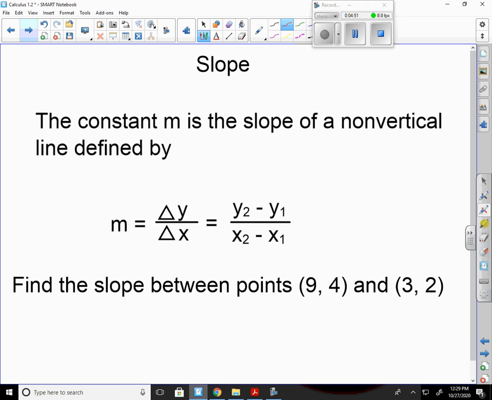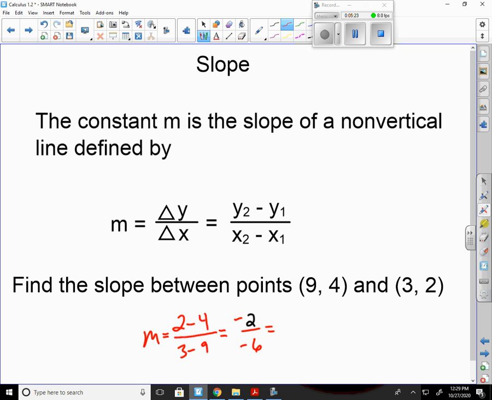So now if we have to find the slope between the points 9, 4 and 3, 2, I hope at this point we can find what slope is. We do y2 minus y1, which is 2 minus 4, over x2 minus x1, which is 3 minus 9. 2 minus 4 gives me negative 2. 3 minus 9 is negative 6.